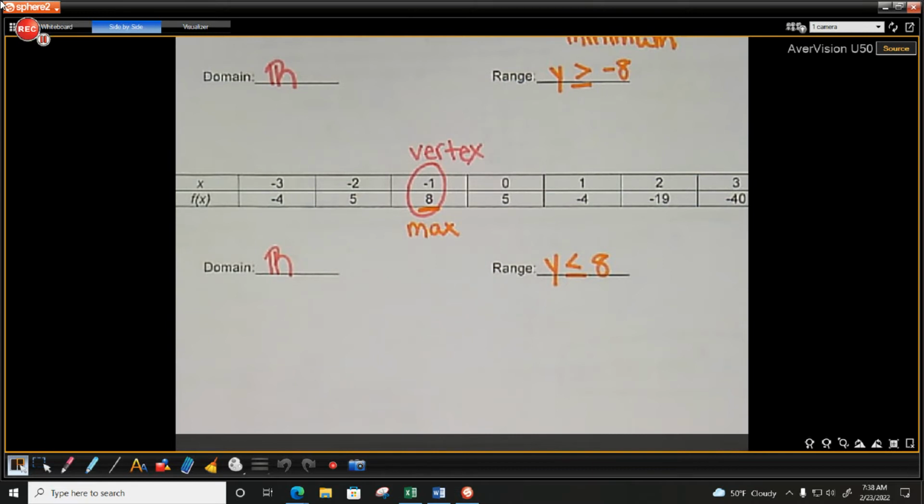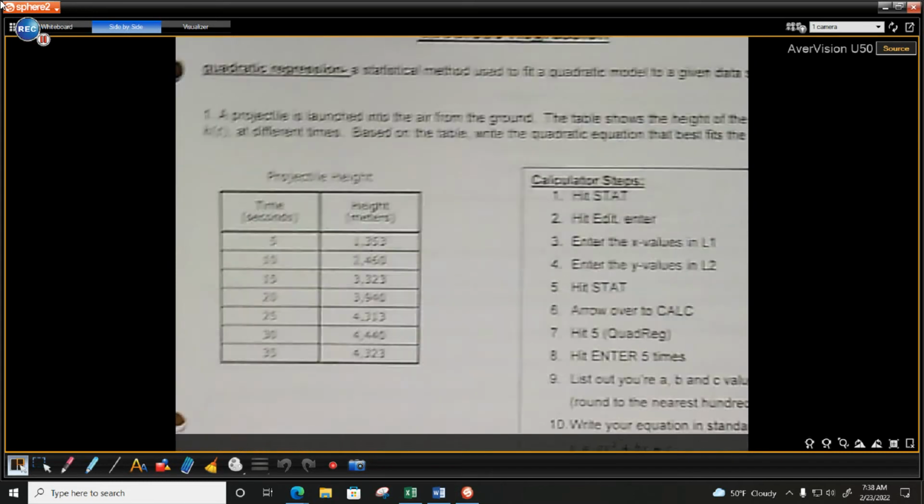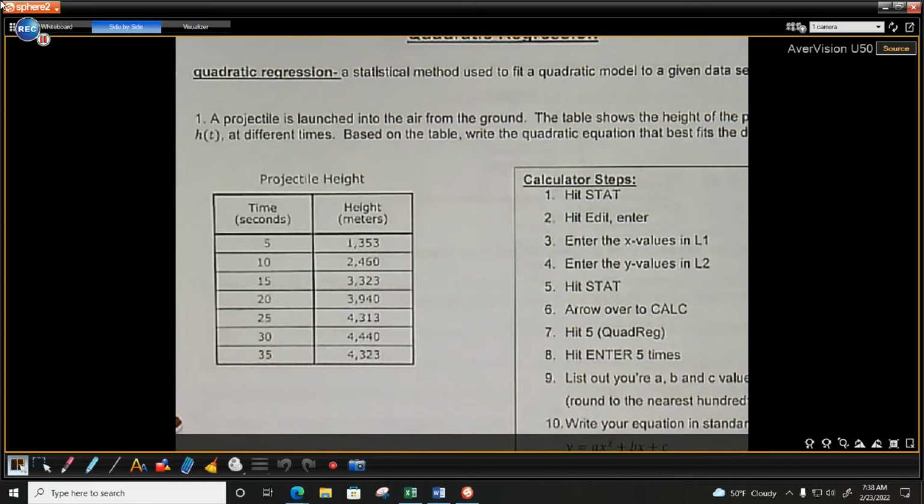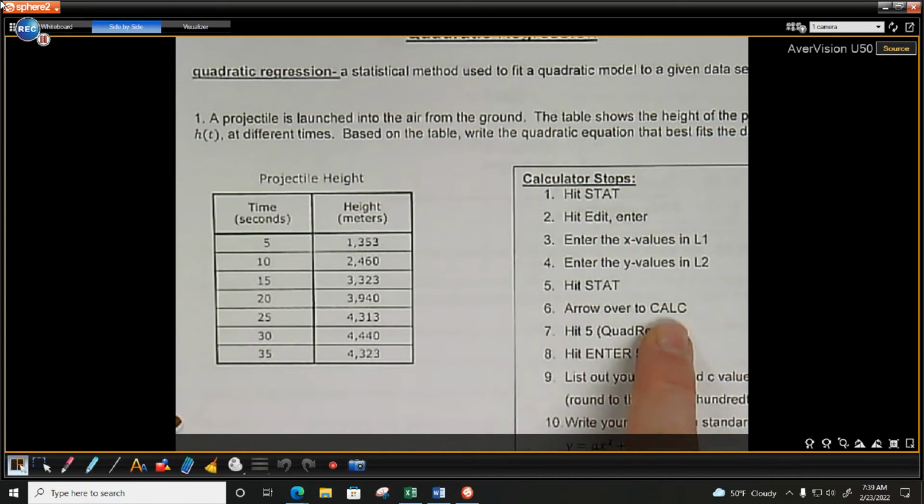Okay. We're going to do one more thing today. Quadratic regression. This should be pretty easy. We've already done linear regression on the calculator. We've already done exponential regression on the calculator. We are now doing quadratic regression. When you do linear, quadratic, and exponential regression, all of your steps are exactly the same, except whenever you get down to the arrow over to calc, you have to make sure you choose the right regression.